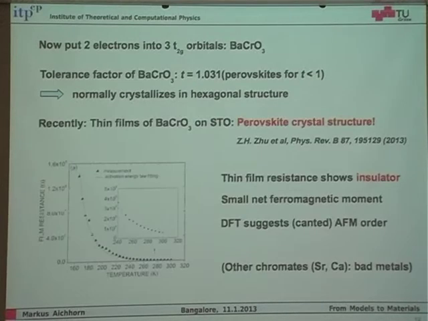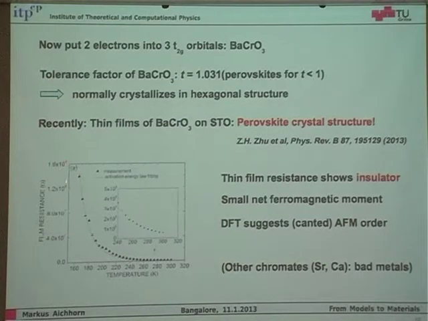But luckily, recently there were experiments with thin films grown on STO, on strontium titanate, and they could stabilize thermodynamically stable perovskite crystal structures in tetragonal structure, so a equal b structures. And in addition, what they found is this thin film is insulating.